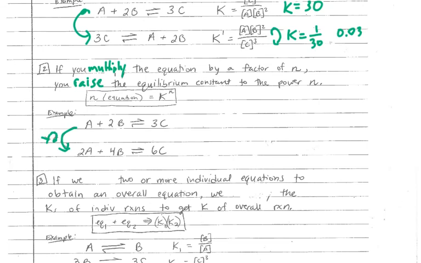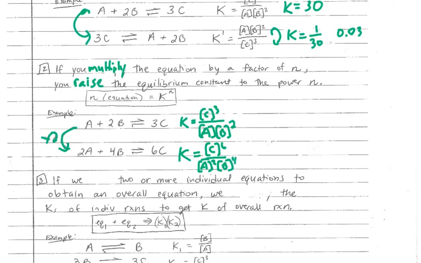So the K for this equation is C to the third over the concentration of A times the concentration of B squared. And then for this one, K equals C to the 6th power over A squared times B to the 4th power.